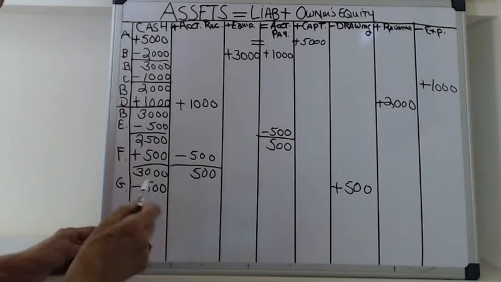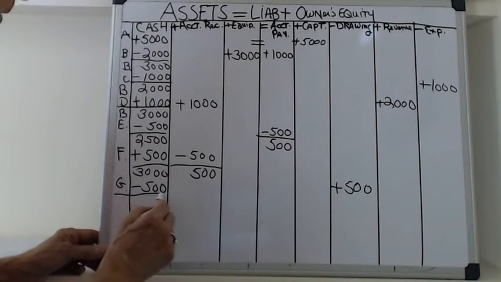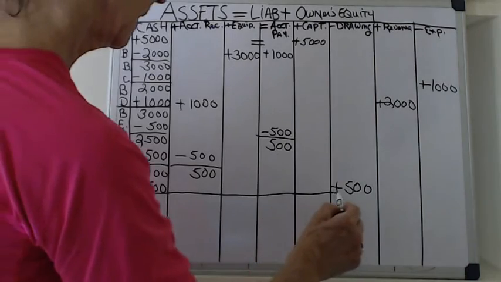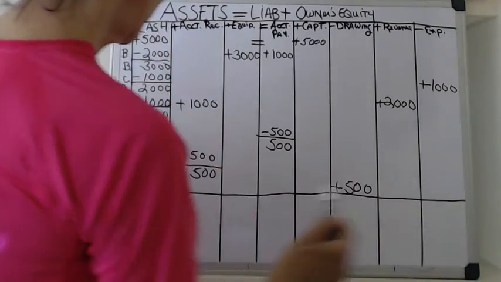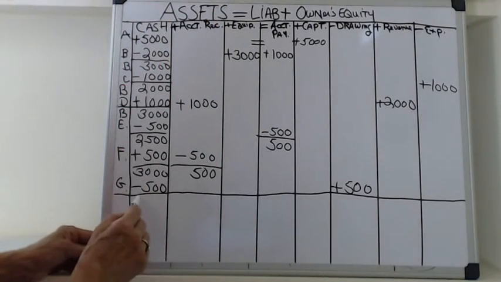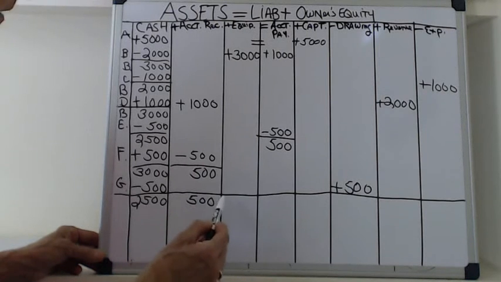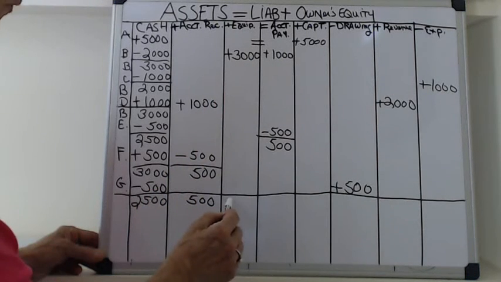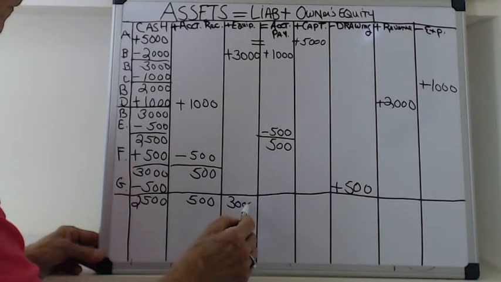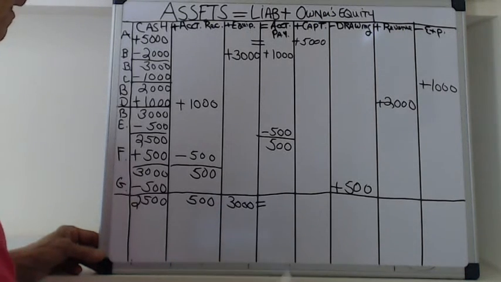And so now we're going to stop and get our balances for the end of this exercise. So in cash now, it looks like he's got $2,500 cash left in his account. Bring down, he's got $500 the customer owes him. And equipment, I'm bringing down $3,000. Here's my equal sign.